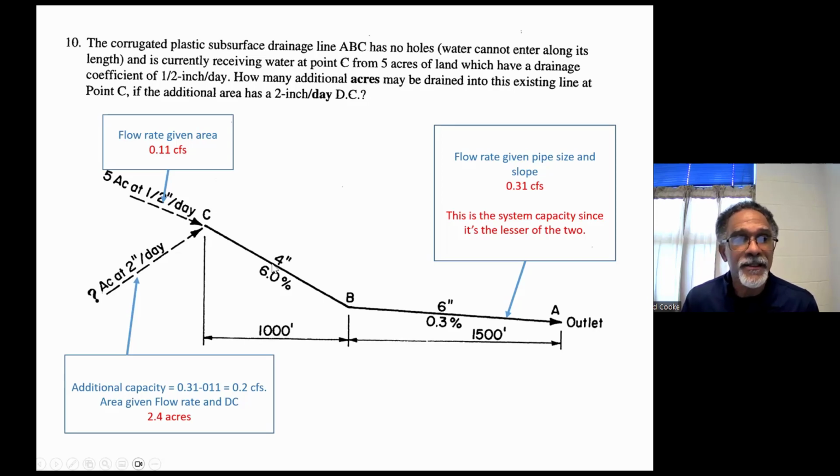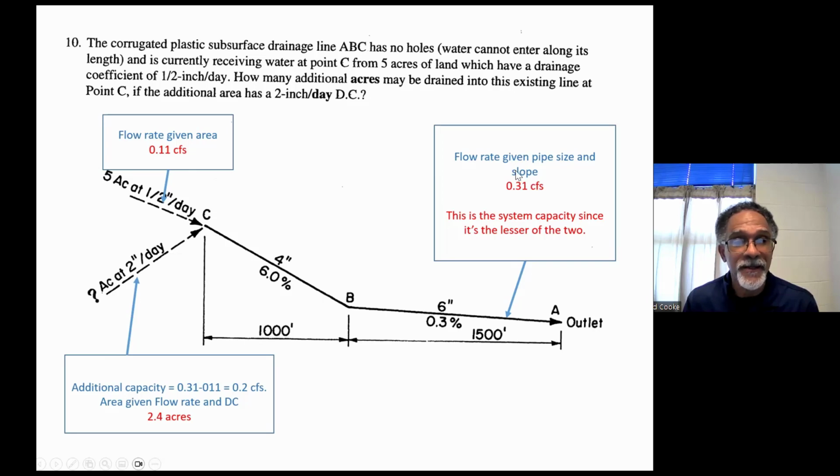So we would determine the capacity of a 4-inch pipe on a 6% slope, and also the capacity of a 6-inch pipe on a 0.3% slope. And then based on that, we can determine which is the lesser of the two, because it is the lesser of the two that is going to control flow into the system.